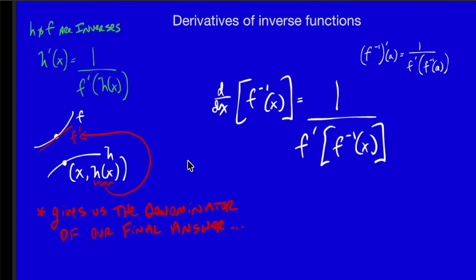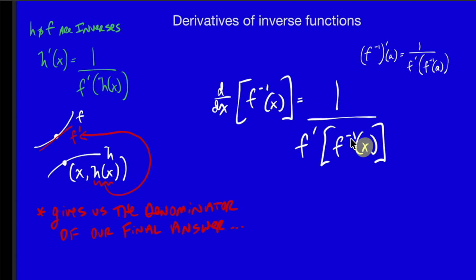Okay, folks, here's another way you'll see the formula written, with the d/dx operator applied to the inverse function. This is no different than this shown here, which is the derivative of the inverse function. And look what they have here. They have the output on the inverse function right here. If you take f-1 of x, this is saying you're plugging in x to the inverse function and you're getting an output.